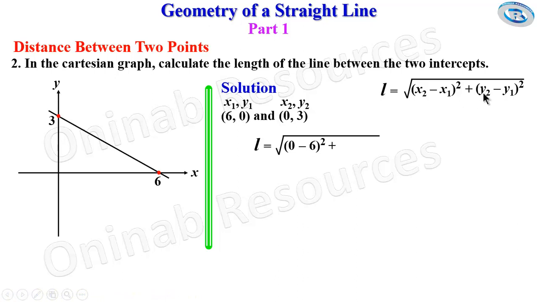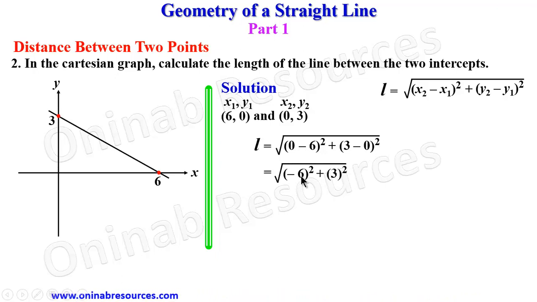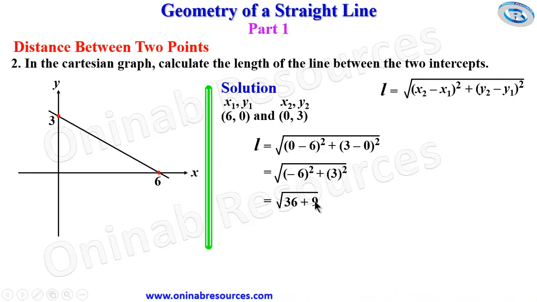Then plus y2 is 3, then minus y1, our y1 is 0, that's minus 0 squared, giving us square root of negative 6 squared plus 3 squared. Negative 6 squared is 36 plus 9, since 3 squared is 9. And 36 plus 9 gives square root of 45.